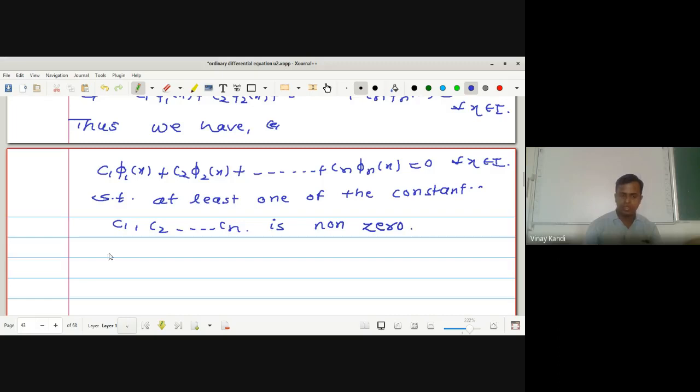So it implies that phi 1, phi 2 up to phi n are linearly dependent.